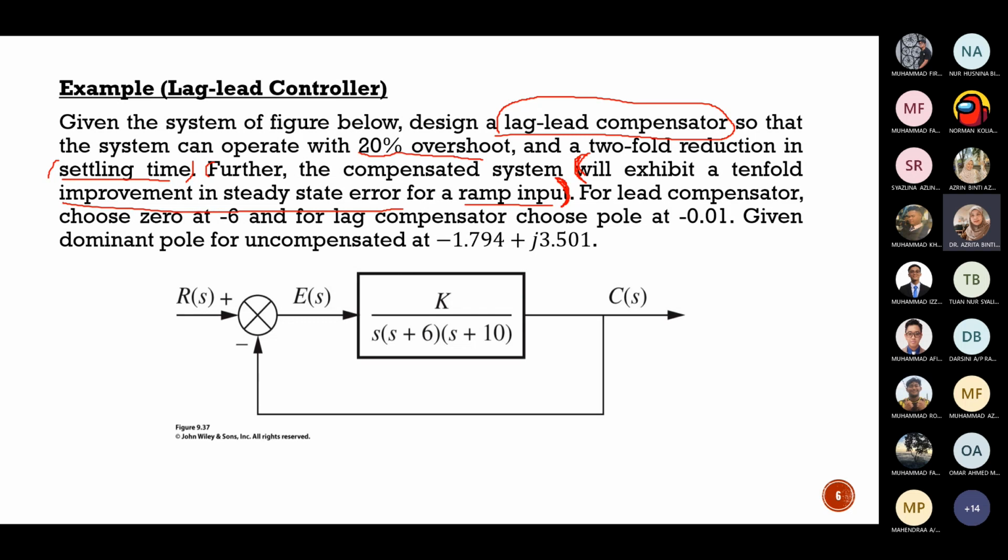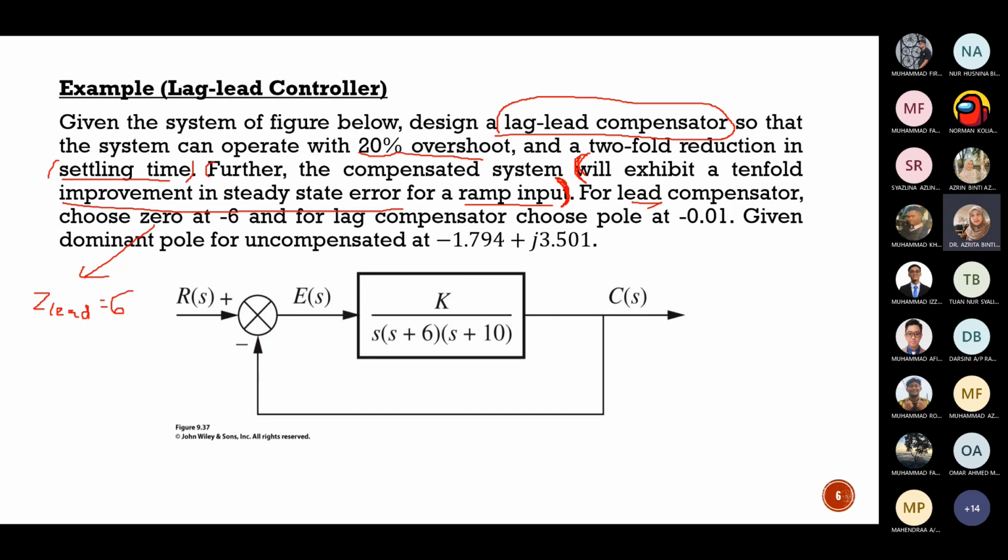Another statement: in this question, they ask you to choose the zero for the lead compensator. The zero here refers to Z lead at -6, or we can put it as Z lead equal to 6.